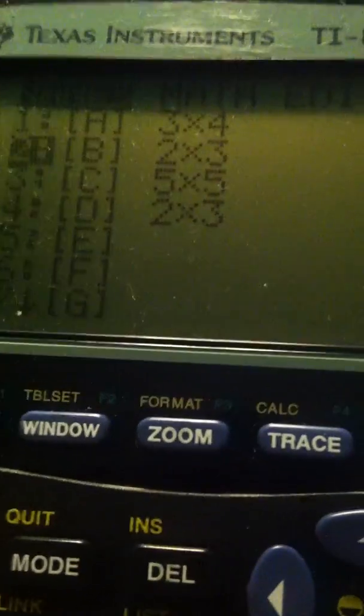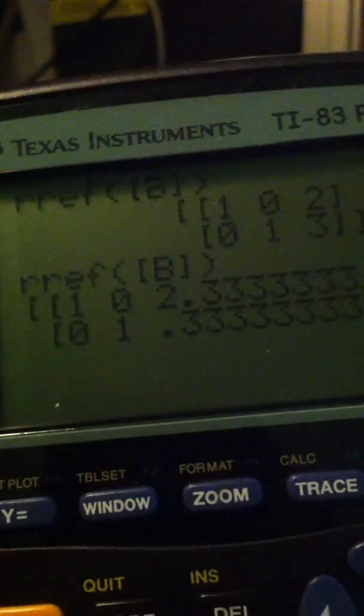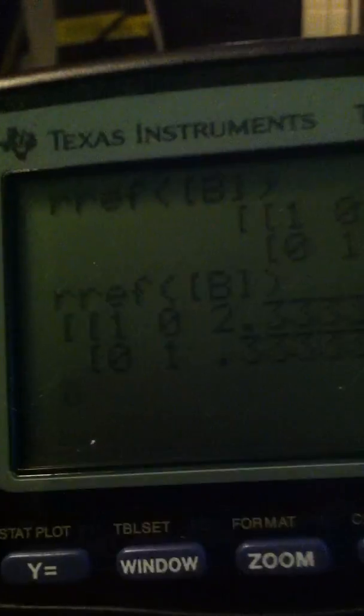You're going to find the one that you were just editing, which is B for me. Close your parentheses. And enter. And that is the answer to the problems. It is a repeating decimal. So we got 2 and 1/3 and 1/3. And there you go. That is how you do that.